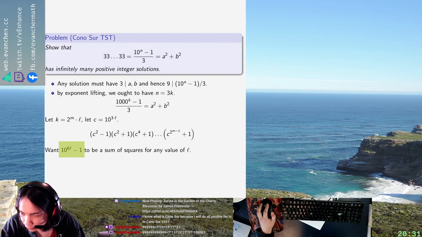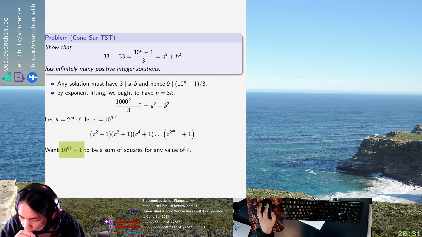Yeah, but the problem is 10 to the 6L minus 1 is always divisible by 11 and always divisible by 7, right? Those are two bad primes. So I think I need L divisible by 7 times 11 anyways, but I don't know if that's sufficient. I might be going down the wrong road.